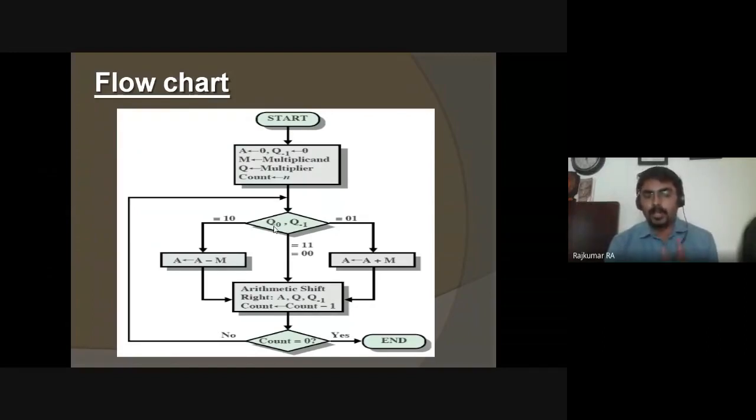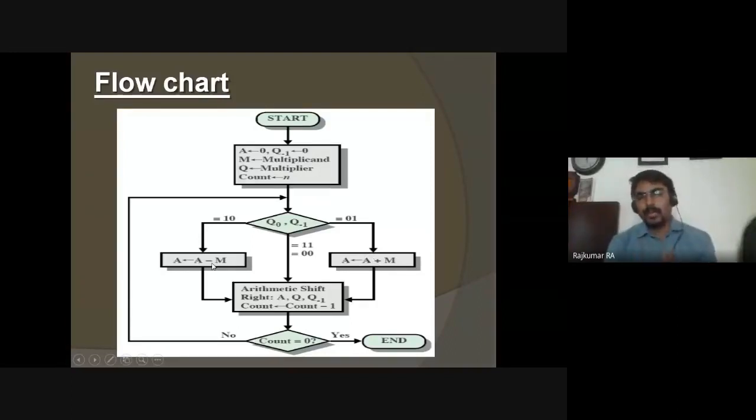comparing with that. Okay, if the q0 is equal to 1 and q minus 1 is equal to 0, then we have to perform the subtraction, and if q0 is equal to 0 and q minus 1 is equal to 1, then we have to perform the addition of a plus m, otherwise a minus m.